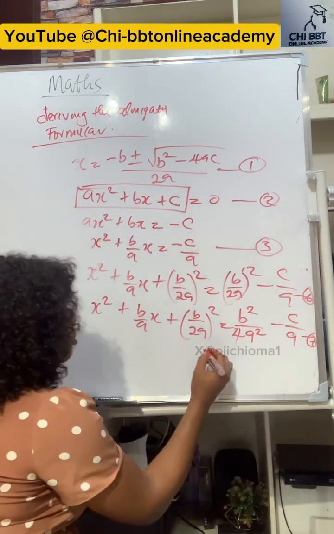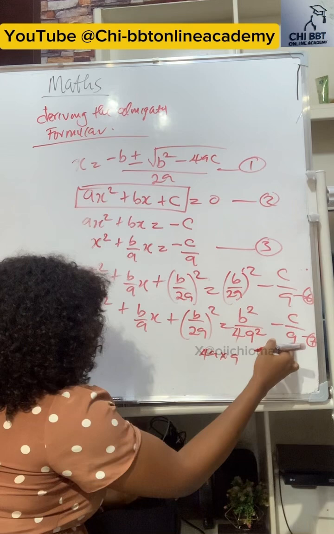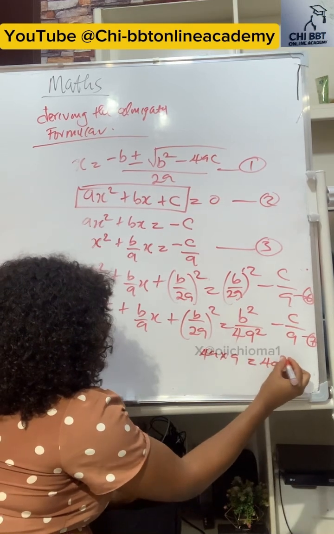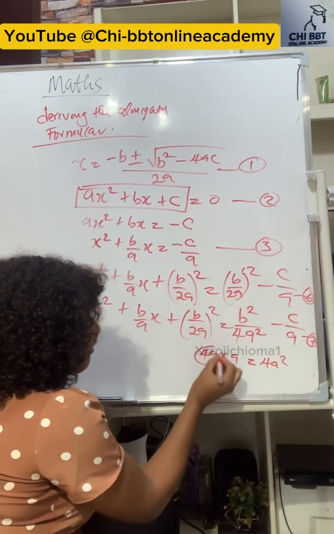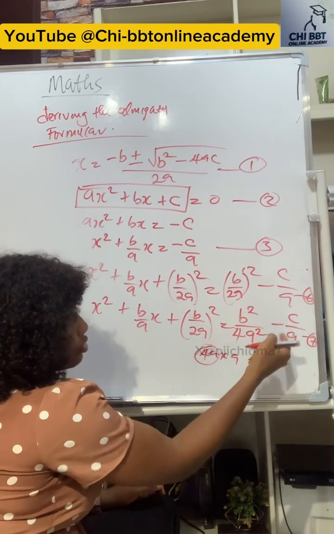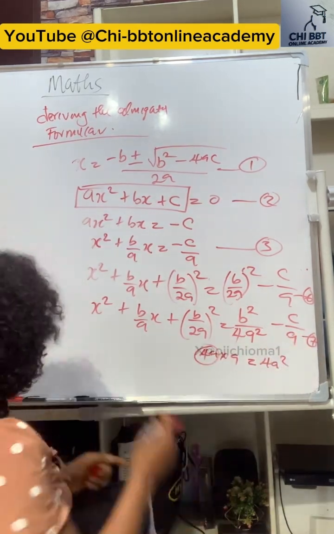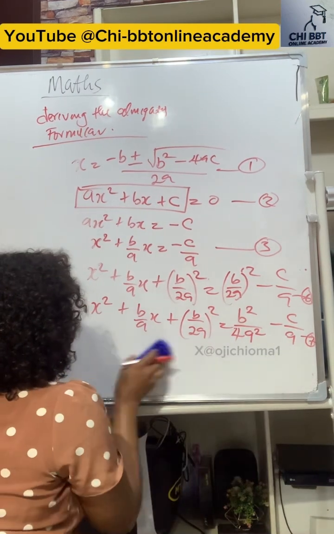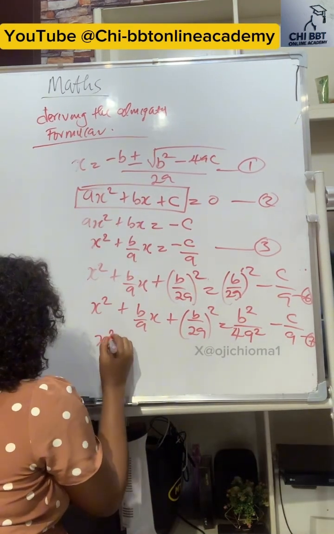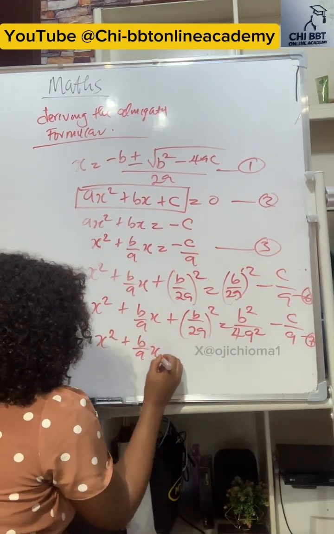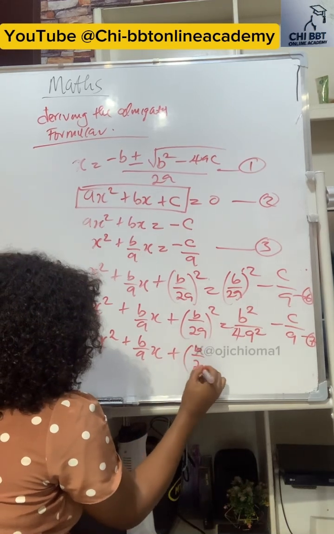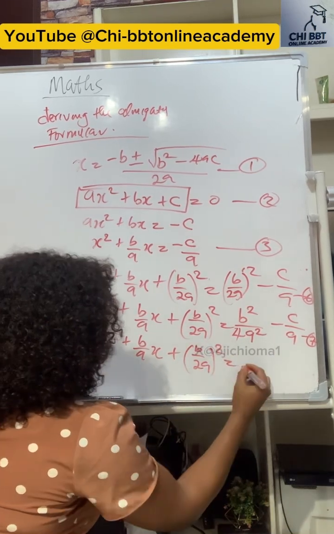To balance it, you have 4a times a. Already we give you 4a², which will balance this. So we have to multiply 4a on the two sides here. Multiply 4a by c and multiply 4a by a. So doing that multiplication, we bring equation 7 to be x² + (b/a)x + (b/2a)² equal to, take a common term.